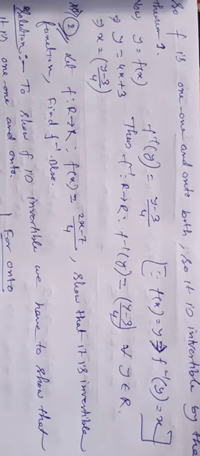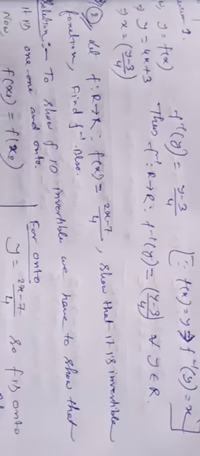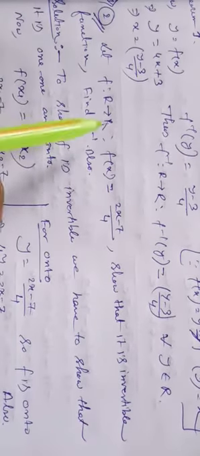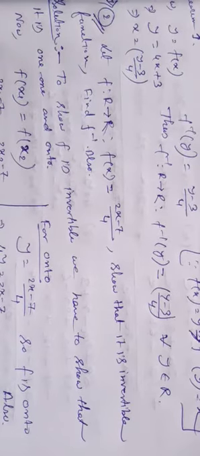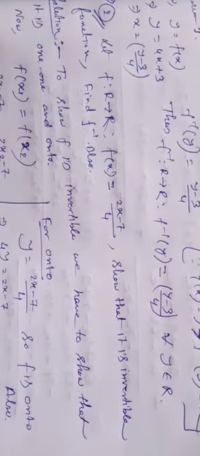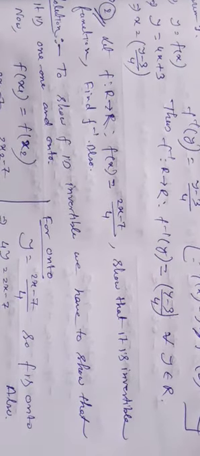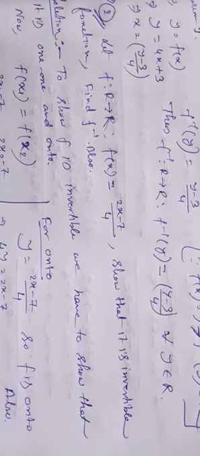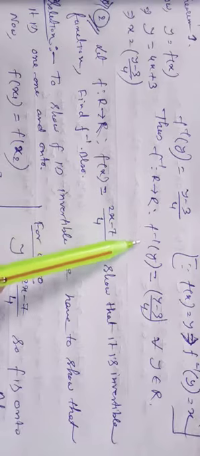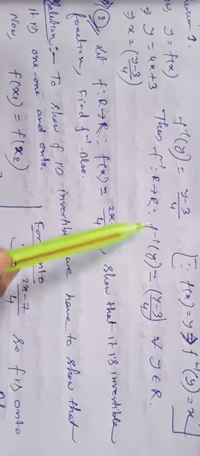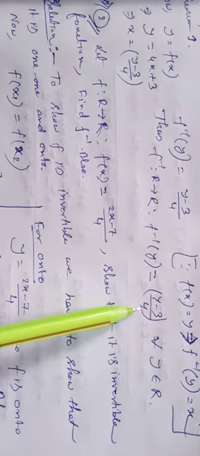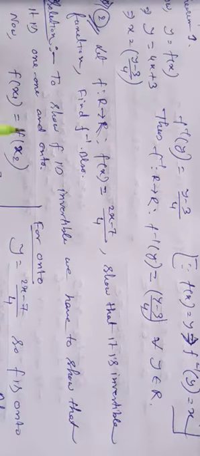Now let us take another example. Let f: R to R and f(x) = (2x - 7)/4, so that f is invertible, and also we have to find the f inverse.